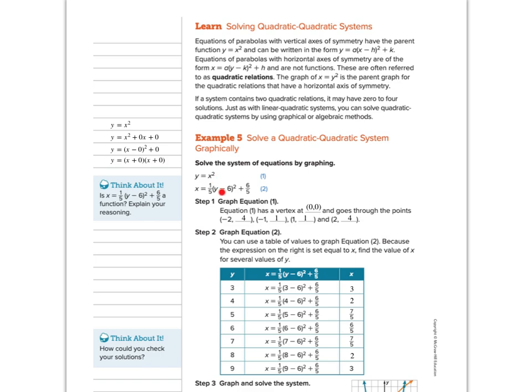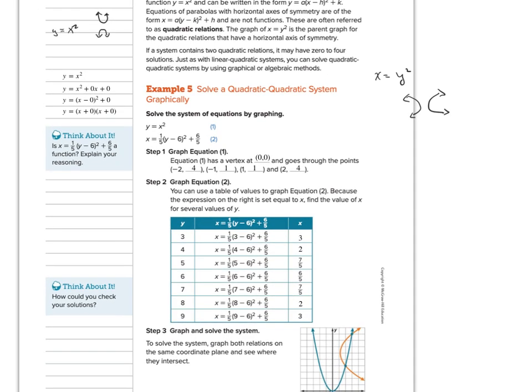If we want to do some form of systems by graphing, what they've identified is that when we have y equals x squared, typically we open upward or downward depending on the characteristics. But when you have x equals y squared, you end up with a side-to-side looking parabola. So understanding that is important.